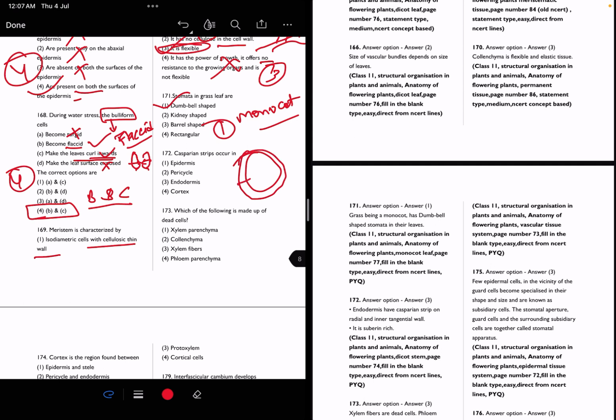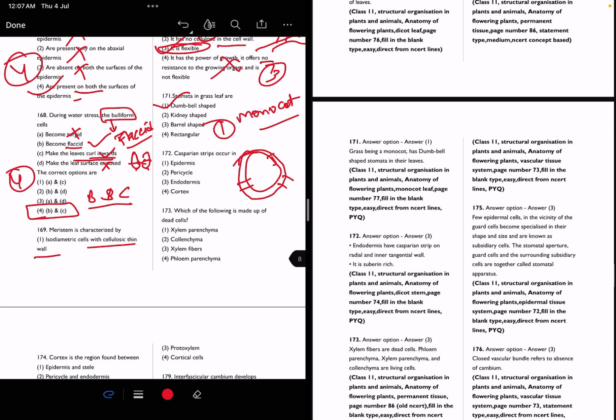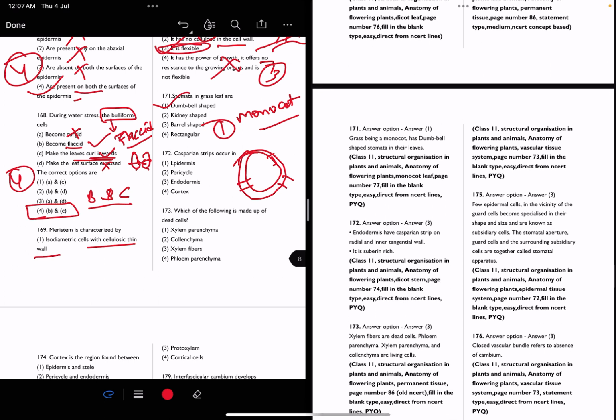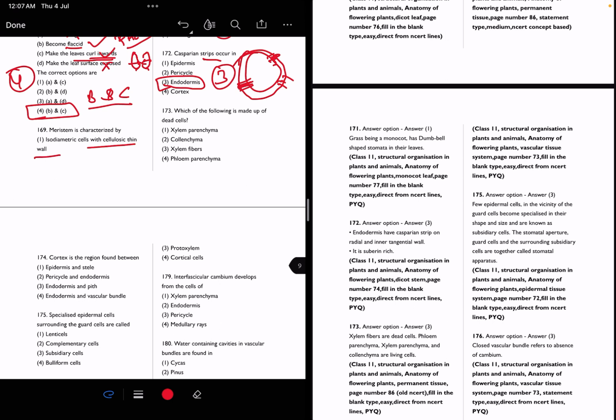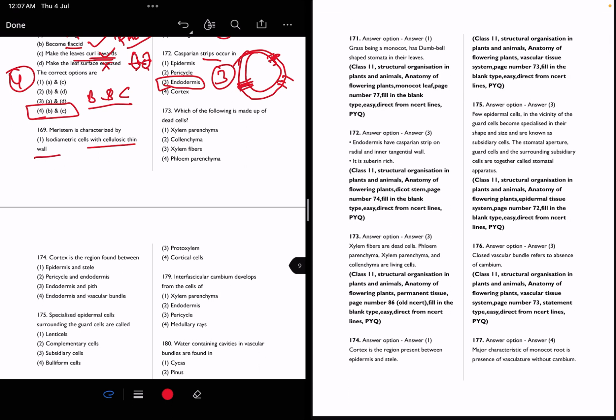These are strip-like structures for water, known as Casparian strips, on the tangential wall, rich in suberin. So the Casparian strips are in the endodermis layer. The answer is the third option.